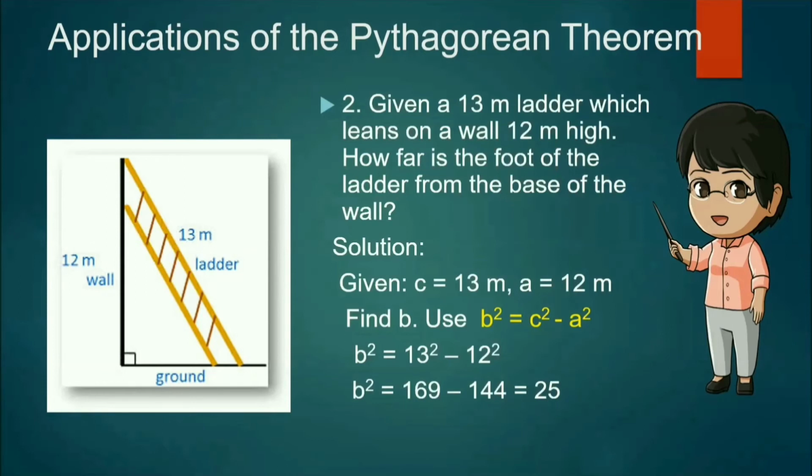Solving for B squared, we have 169 minus 144 is equal to 25, and B is equal to the square root of 25 or 5 meters.